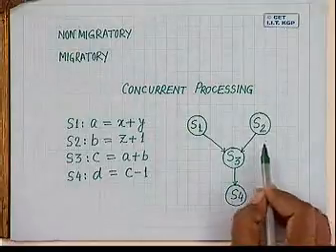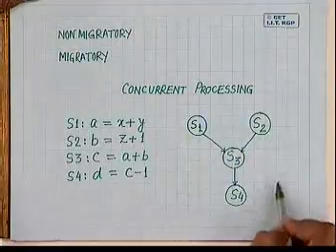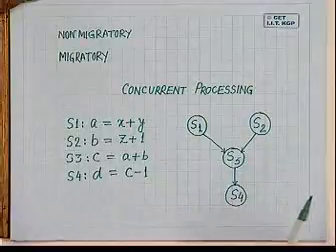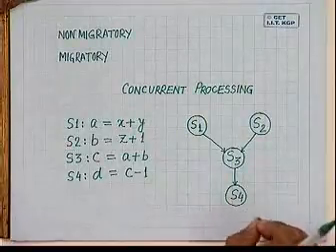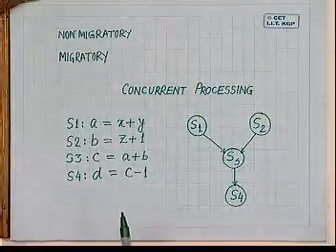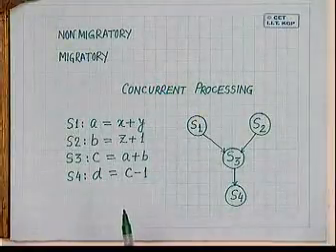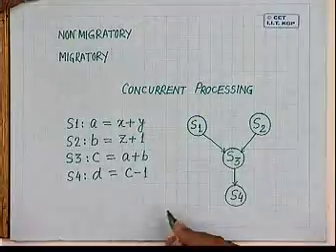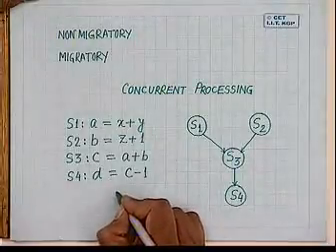So I get a graphical representation which tells me the dependency among the different statements within a program segment like this. And such a type of graph is called a precedence graph.